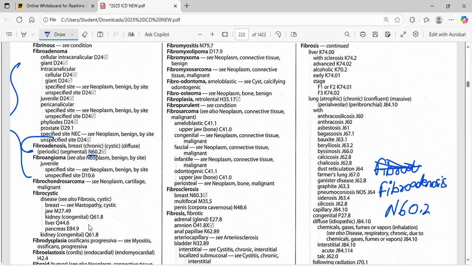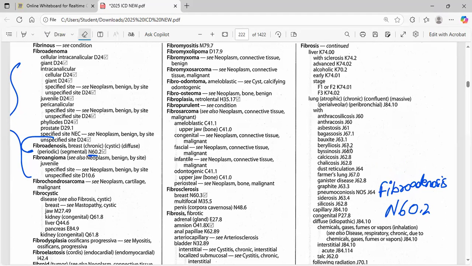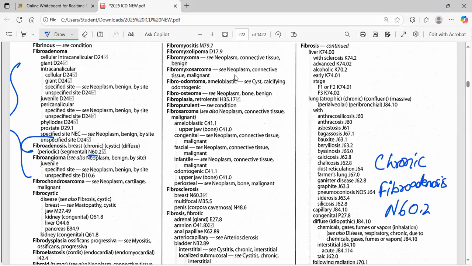So let's say we have a little different case. Let's say our document says the patient has chronic fibroadenosis. Even though our question says the patient has chronic fibroadenosis, our code will be the same. Why? Because we have chronic listed here in the parenthesis.